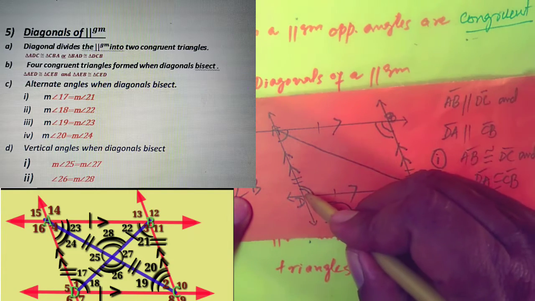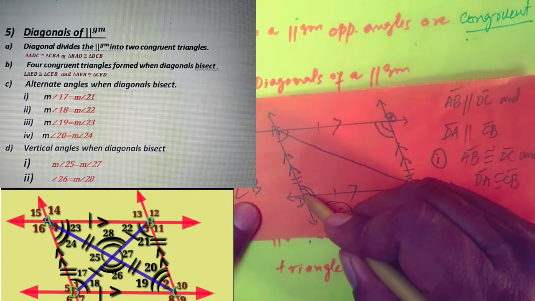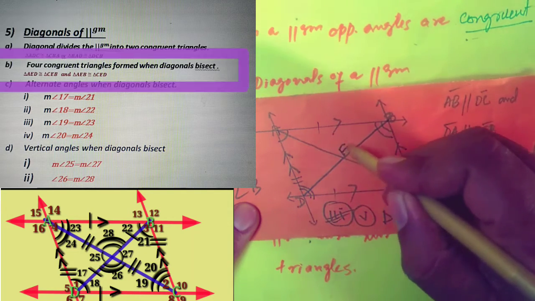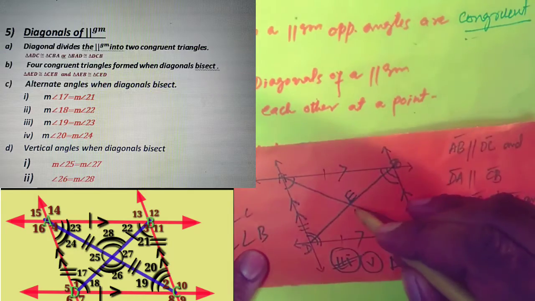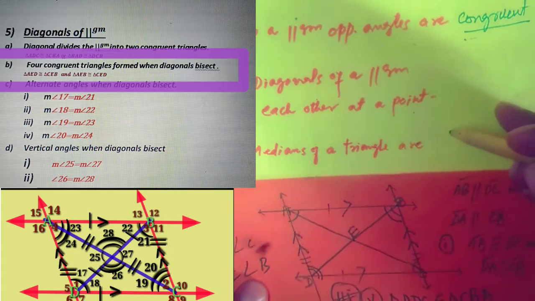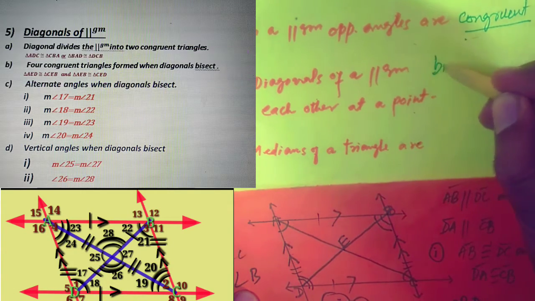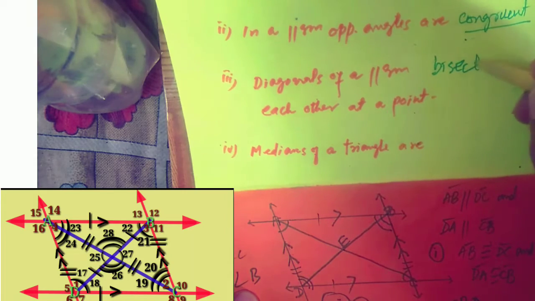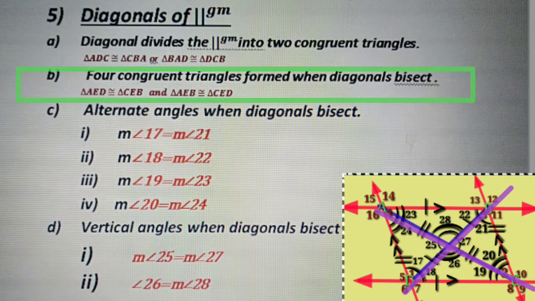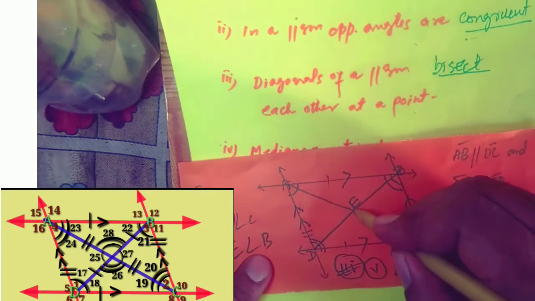When we draw the other diagonal between point B and D, then the two diagonals bisect at point E. This point E is its bisect point. So the diagonals of a parallelogram bisect each other at point E, maybe the center.